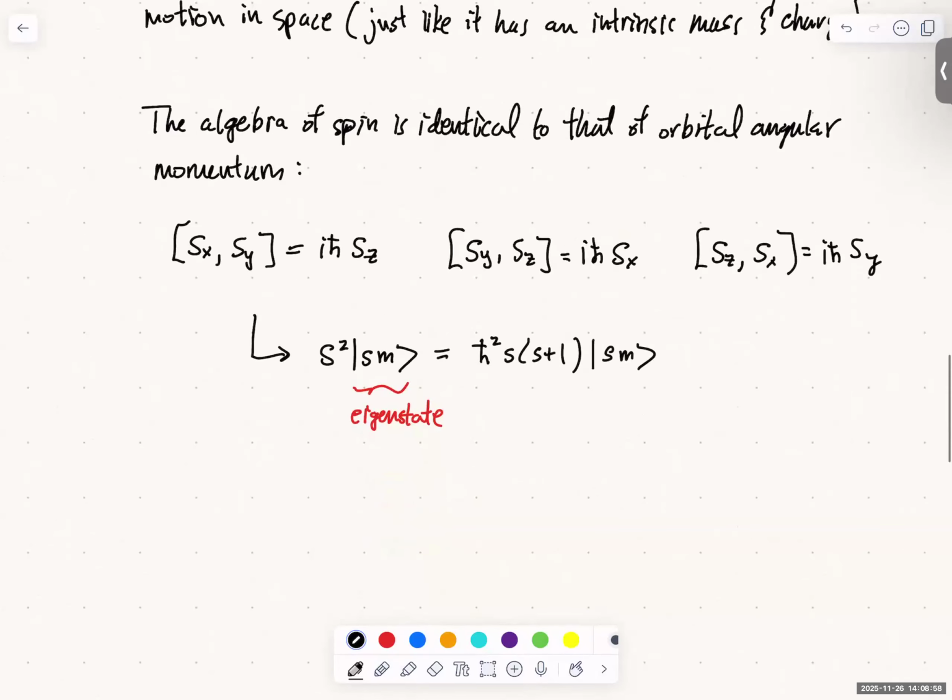The same thing we could do for the Z component. Remember, S squared and Sz have a common set of eigenfunctions, so these are the exact same eigenfunctions. For the Z component, it was m that told us the value of the Z component, and we have this factor of h bar that we separated out.